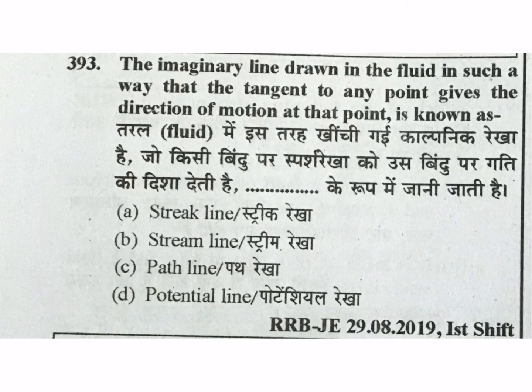The imaginary line drawn in the fluid in such a way that the tangent to any point gives the direction of motion at that point is known as streamline. RRBJ question 2019. This one is the definition of streamline.